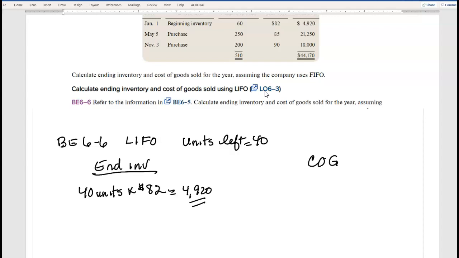Cost of goods sold? Well, we could go through it and we could say last in, first out, 200 were sold, 250 were sold, and then another 20 were sold.